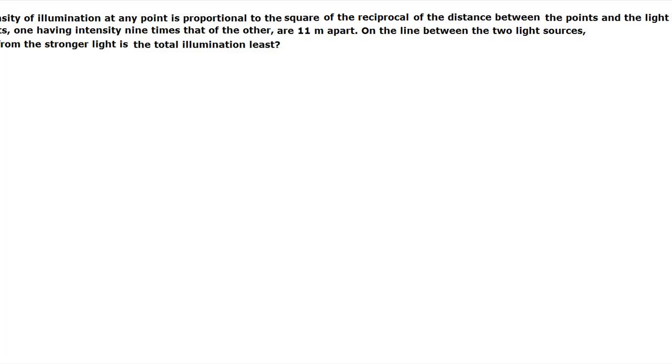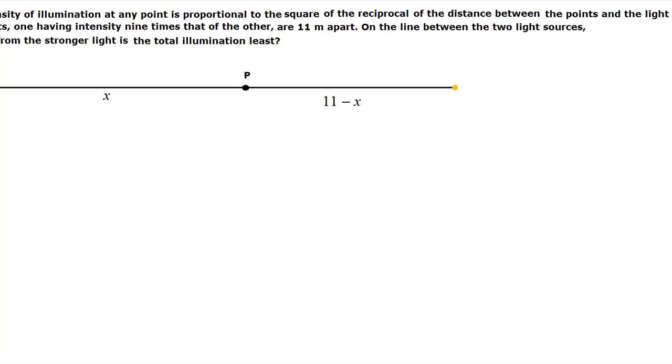Okay, so if we look at a picture, say here is the stronger light and here is the weaker one, and here is the point P, at x meters from the stronger light.